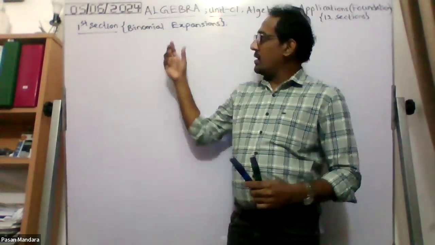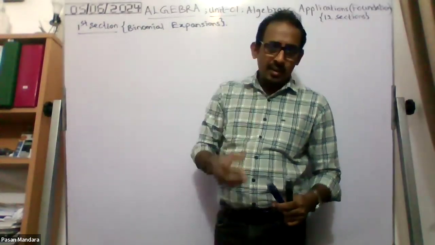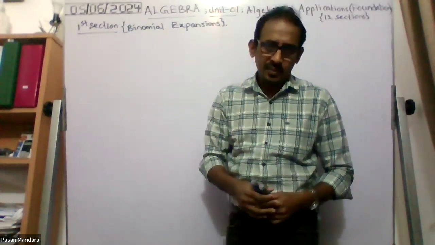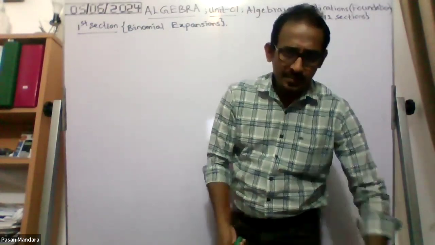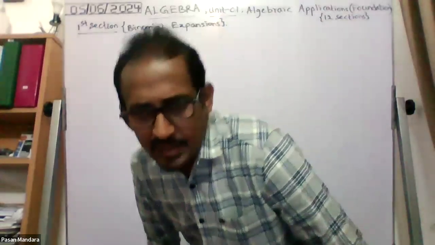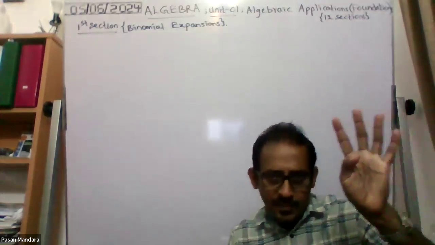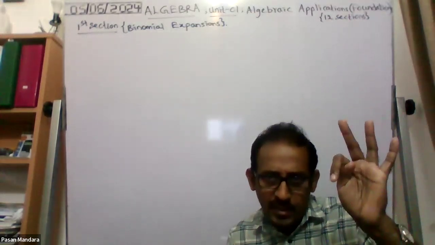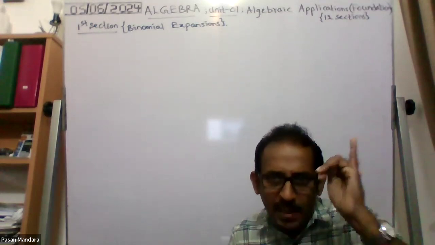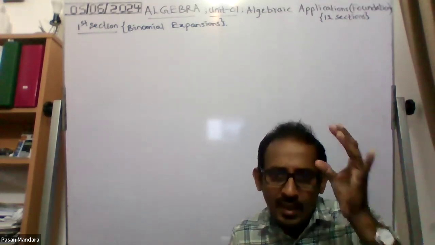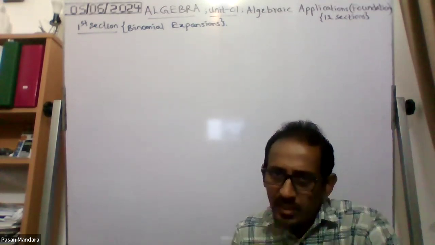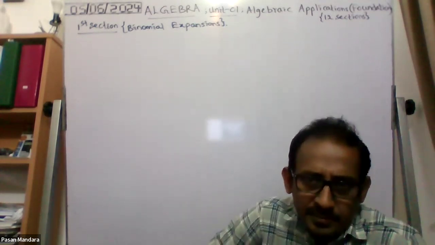What are you getting, students? Binomial. What's the meaning of binomial? That's why I said maths language is English. Binomial means what? Say some idea. There are words, students: monomial, binomial, trinomial, quadrinomial. These are all maths. Maths language is English. Can you say what is binomial?